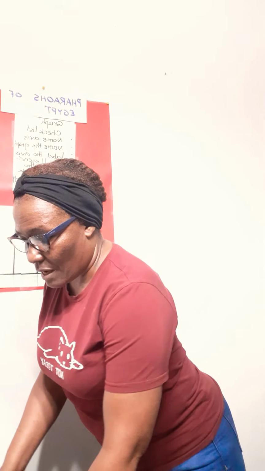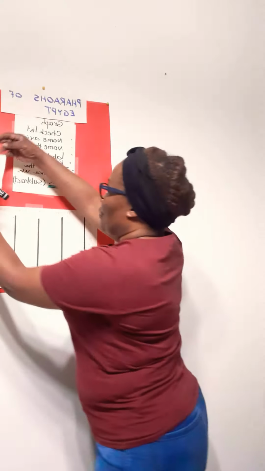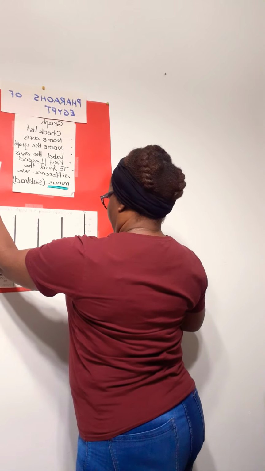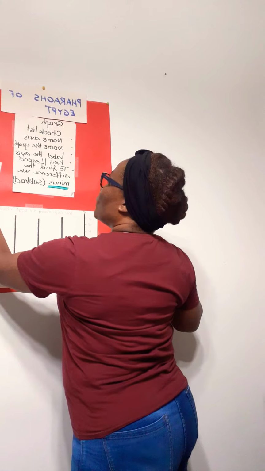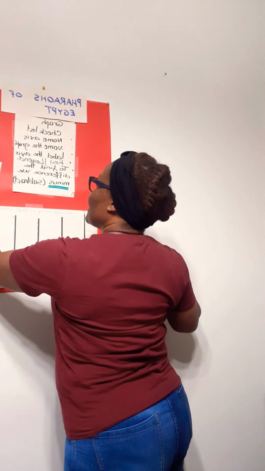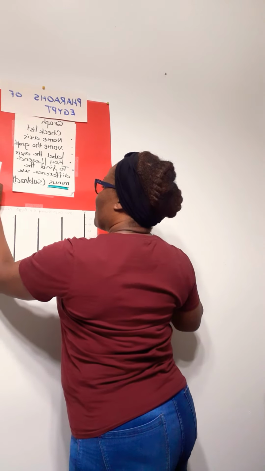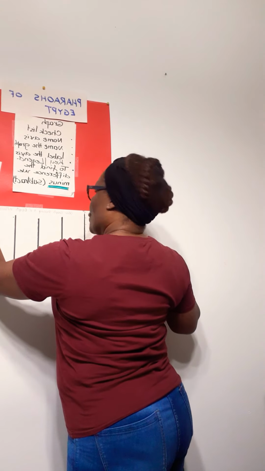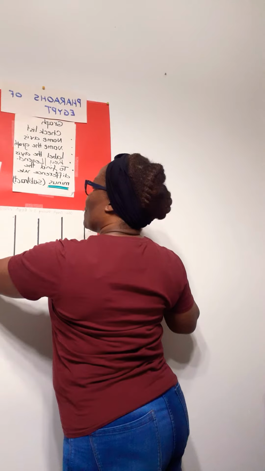Now, I am going to be doing my subtraction on the board for you to see. So it is going to be 1279, and from that we are going to take 1213.